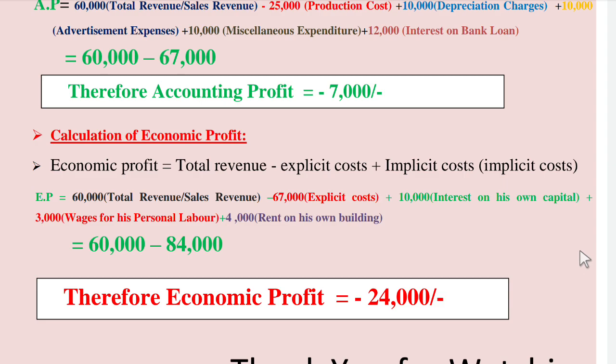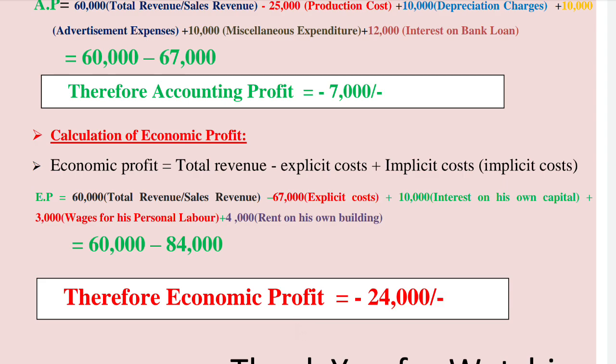The economists have suggested that while measuring the profit of the firm, much more priority is to be given to economic profit rather than accounting profit, because economic profit considers implicit costs as well as explicit costs. It gives a clear picture about the firms.